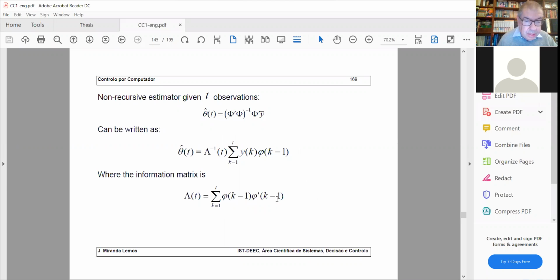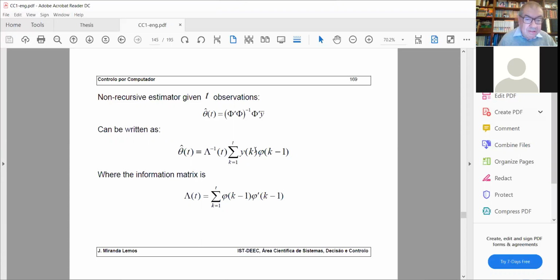So these two equations define the batch least squares estimator. Okay, so you have a number of data, and the data is Phi and y bar, and the elements of y bar are the y_k. And what you do is you compute the summation, and then you compute the inverse and you do this multiplication here.